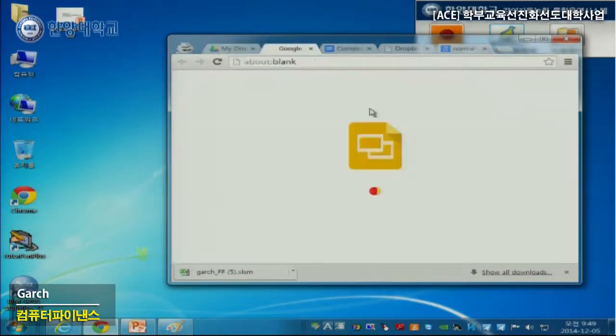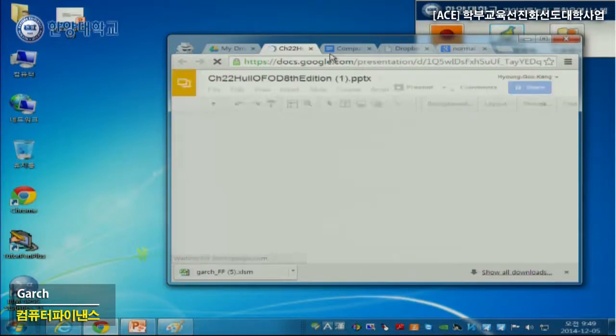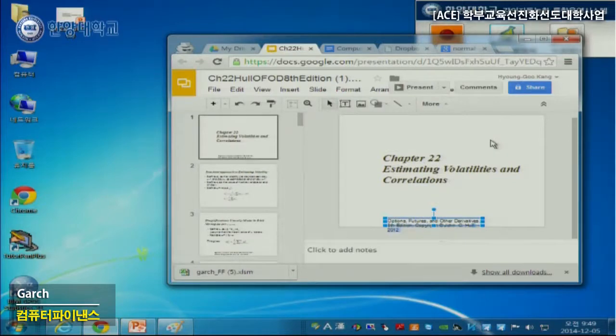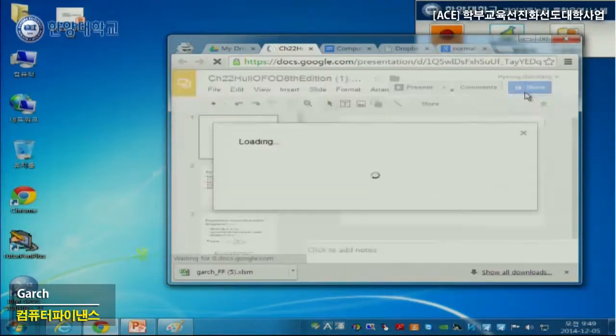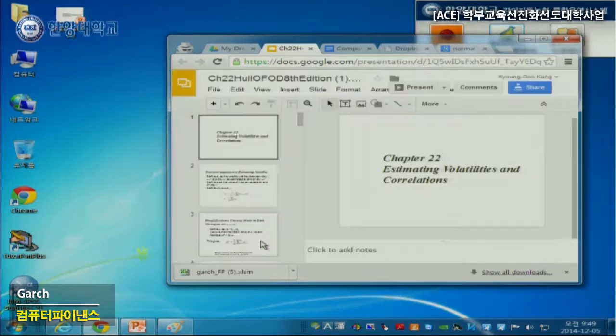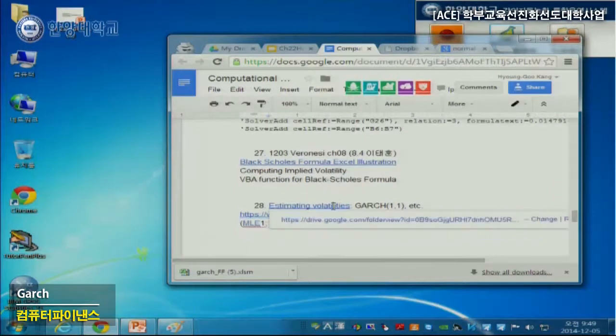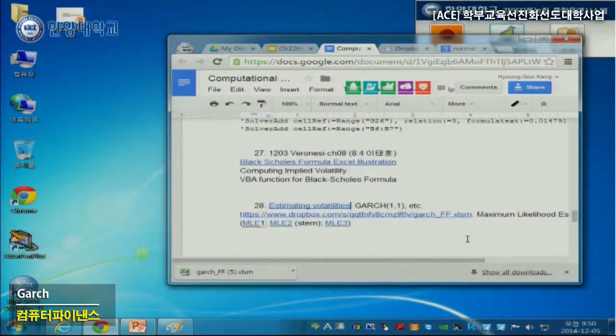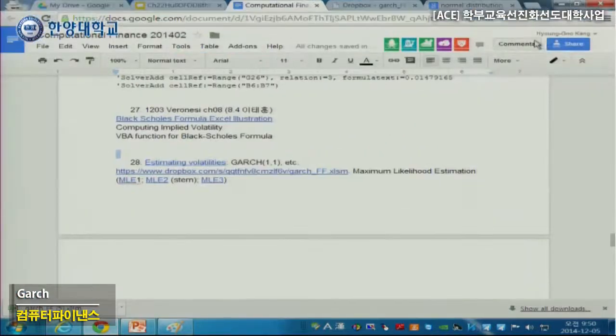And open the Google slide. It should work now. But anyway, while I am waiting, it still takes a lot of time. Okay, it now works, and then share, get the link for this one, copy, done, and then instead of this one, I'll put this one. And then I'll change the slide more, okay? Because of copyright issue, I have to change the content of the slide. Okay, but anyway.